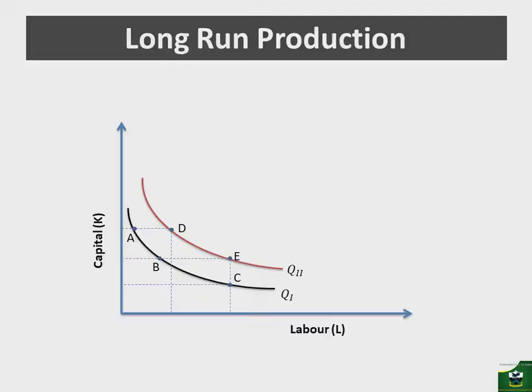But all points on the red isoquants have equal output and those on the black isoquant have equal output. So A, B and C have equal output but less compared to D and E.